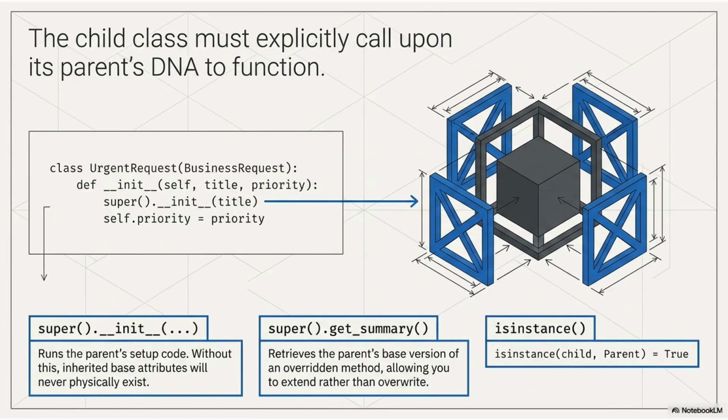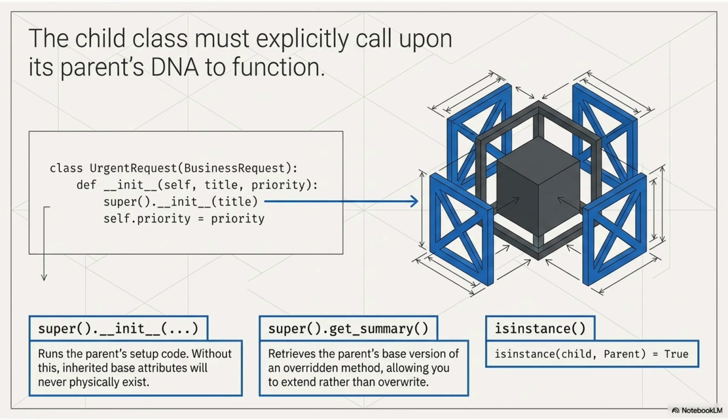Here, we're going to be covering super().__init__, the mechanism for calling a parent class's initializer from a child class. When UrgentRequest.__init__ is defined, Python does not automatically call BusinessRequest.__init__.